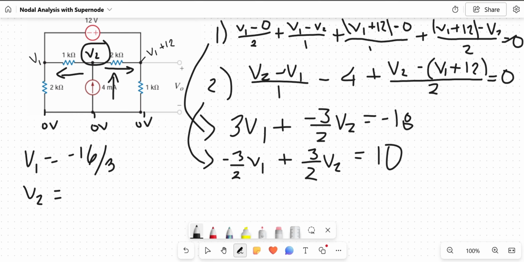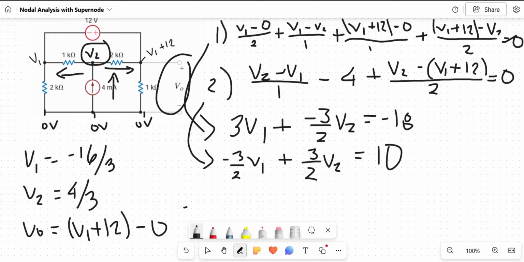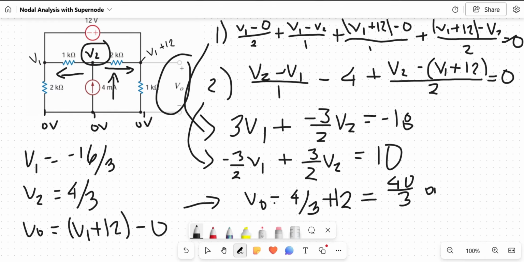And for V2, we get 4 over 3. And then once again, to find V0, it's just going to be V0 equals V1 plus 12 minus 0. And with that, we get V0 equals 4 over 3 plus 12, 40 over 3, or 13.33 volts.